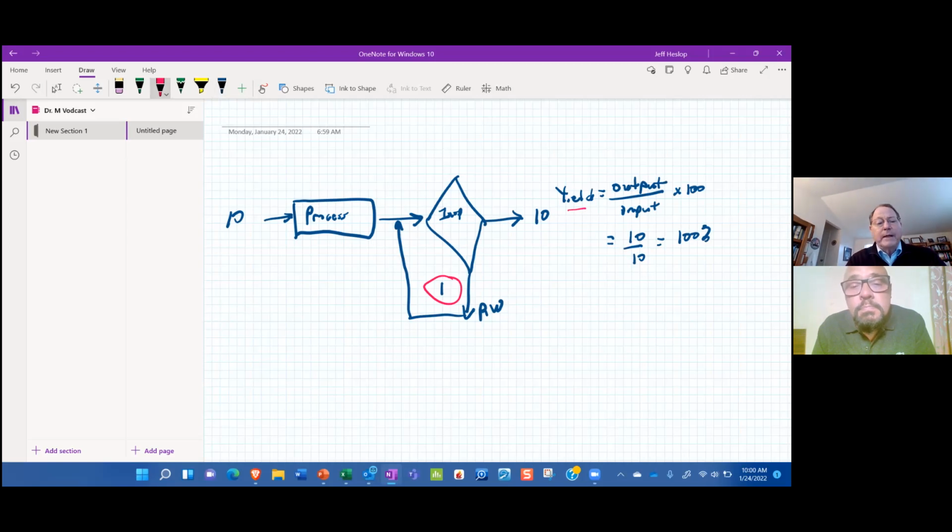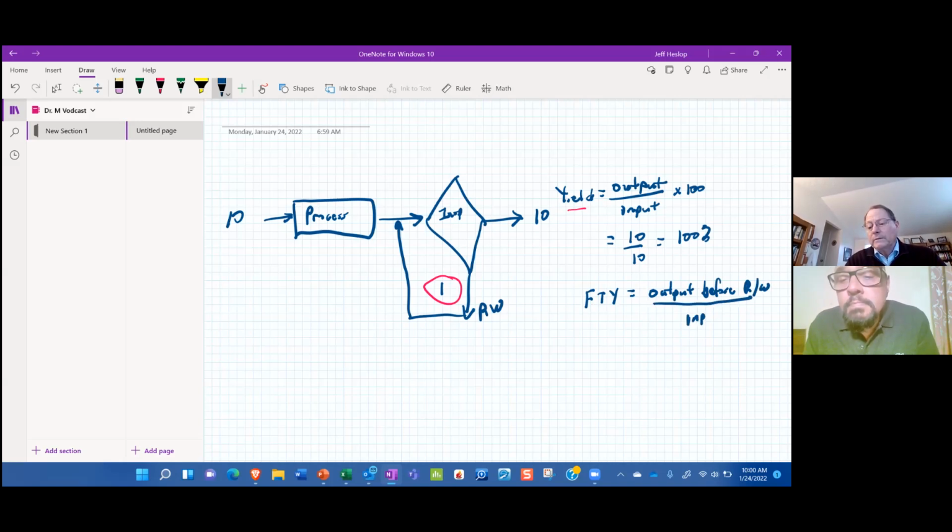So we're going to talk about, this is less common, first time yield, which means this is the output before any kind of rework divided by the input. Okay. And in my little example. Yeah, this is what we also term as first time right.